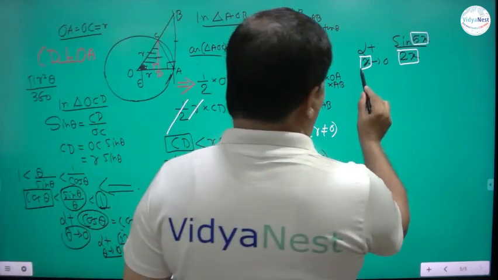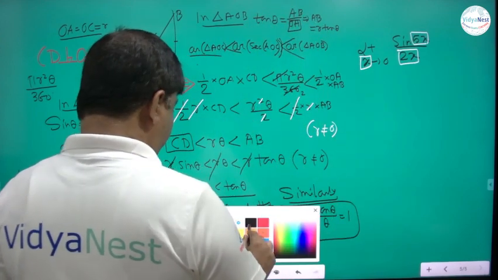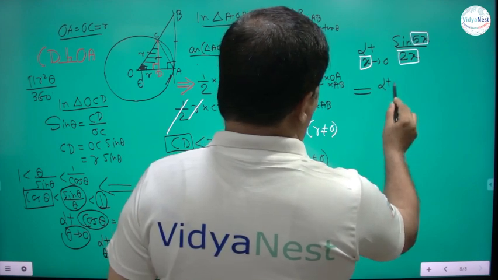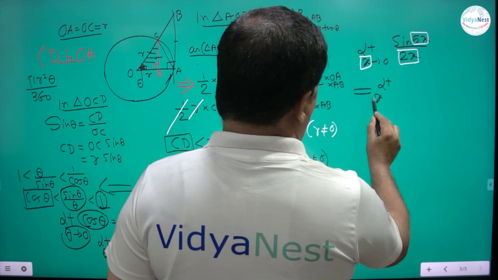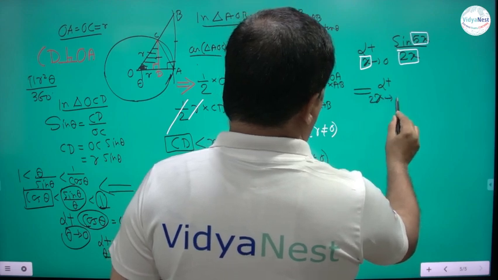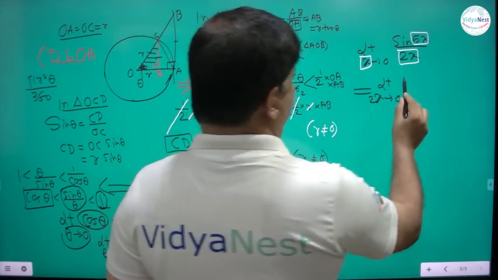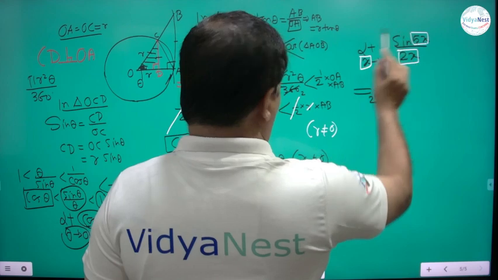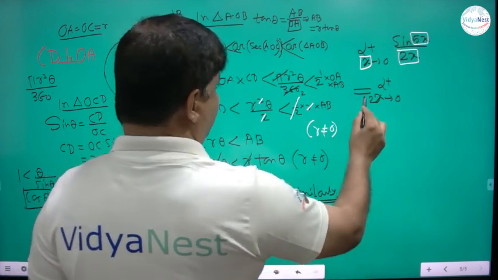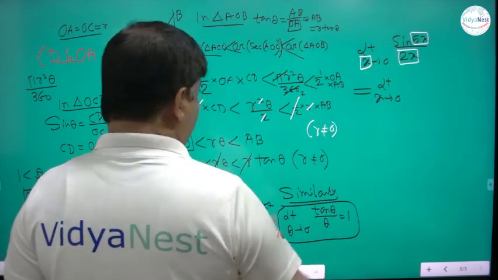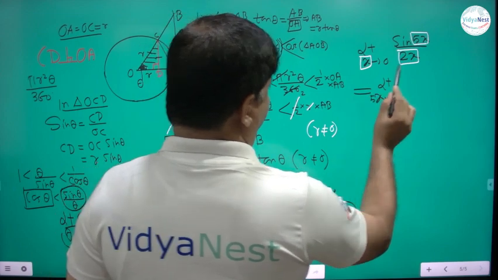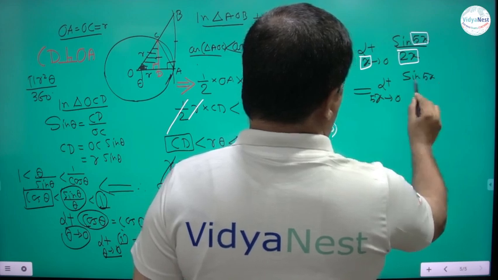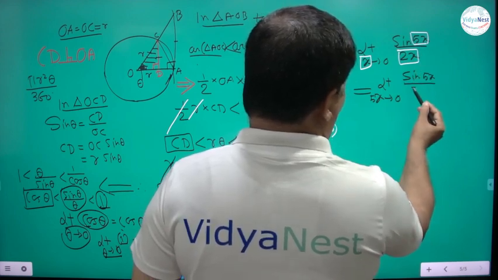So this part we can easily make. Limit x tends to 0 means 5x tends to 0. Multiply both sides by 5. Sine 5x, so you can bring 5.